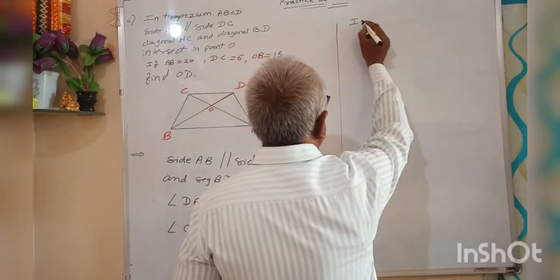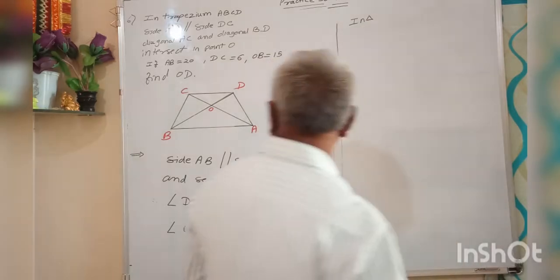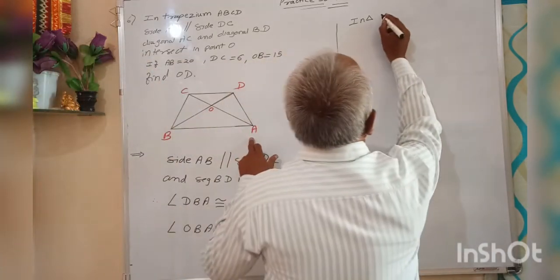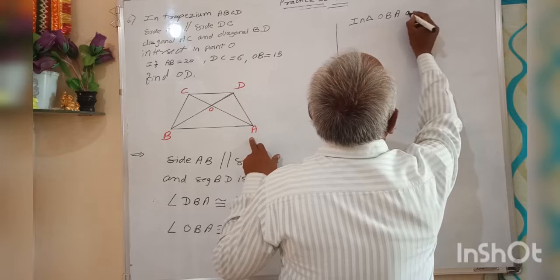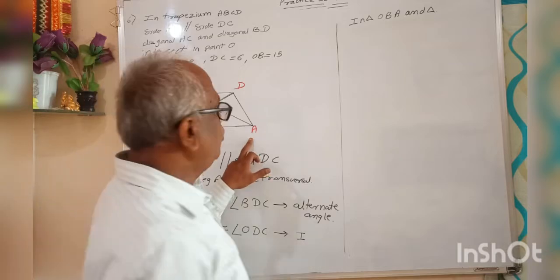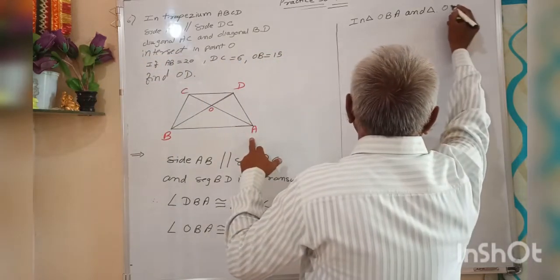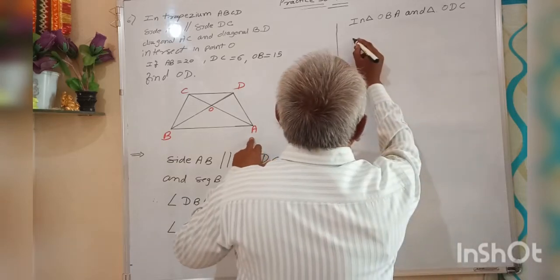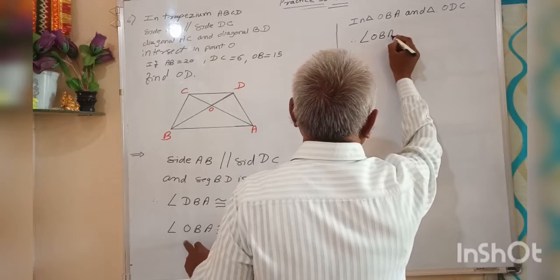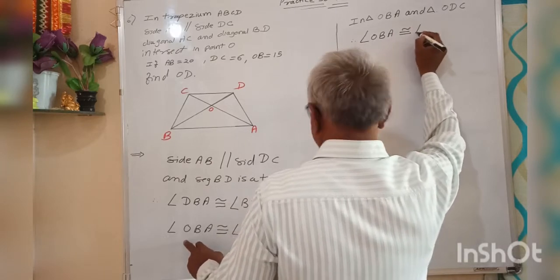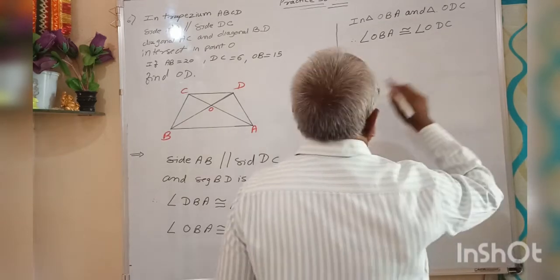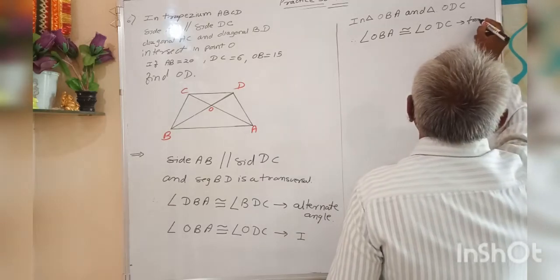Now, in triangle OBA and triangle ODC, angle OBA is congruent to angle ODC, that is from 1.